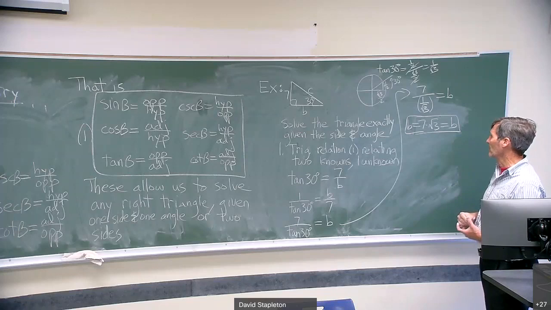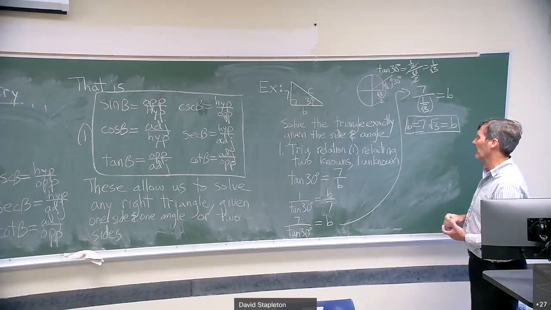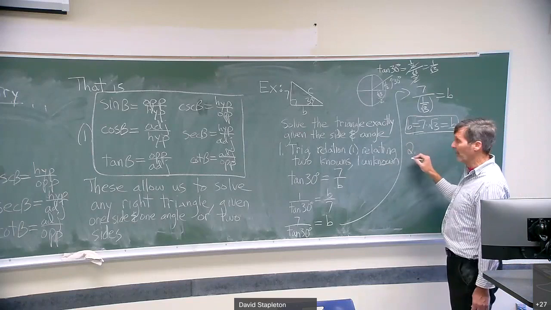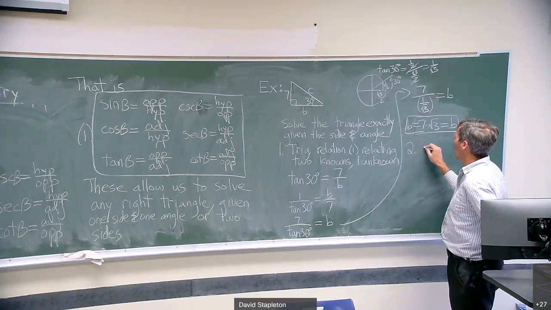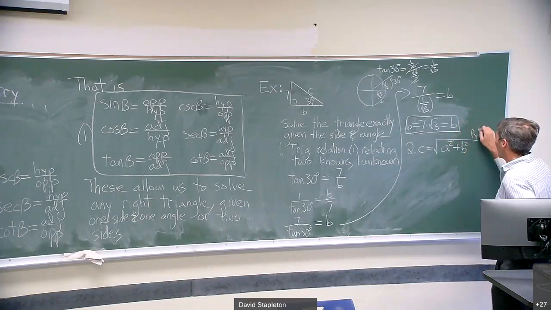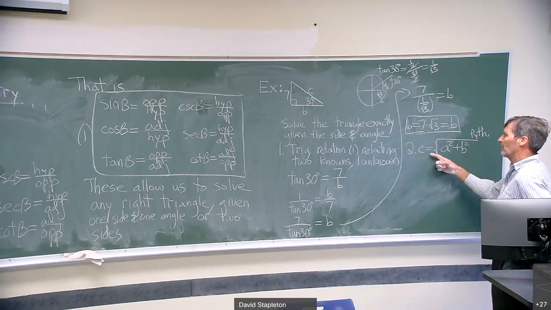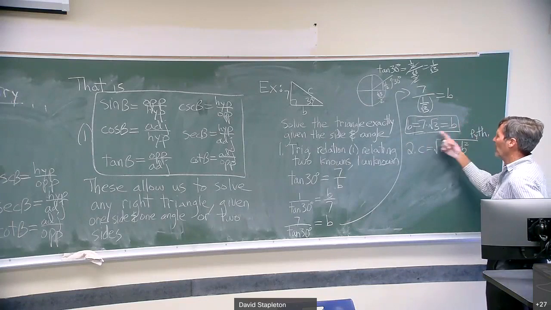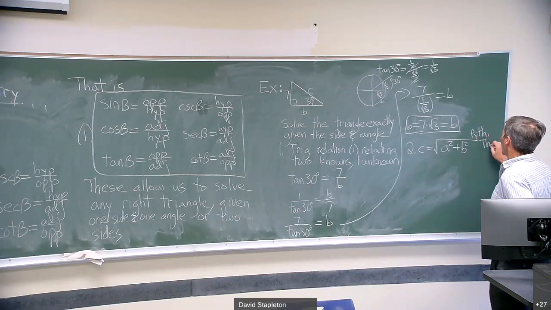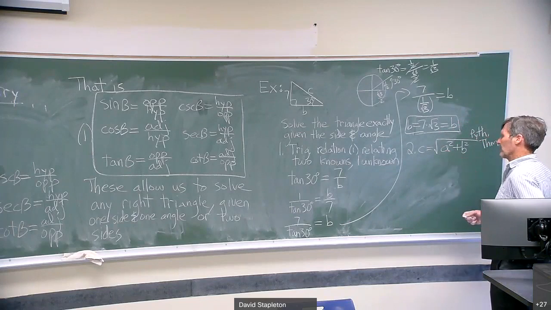Now what's c? Well, I can say at step 2, by the Pythagorean theorem, solve for the hypotenuse. C is the square root of a squared plus b squared, right? That's just the Pythagorean theorem. I told you we'd use this all semester. If I start with the Pythagorean theorem, I have to subtract and square root, or at least square root on this one. It's easier just to start with a solve for c, so I'll do that.